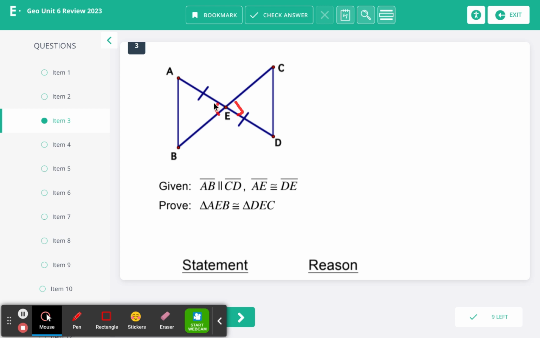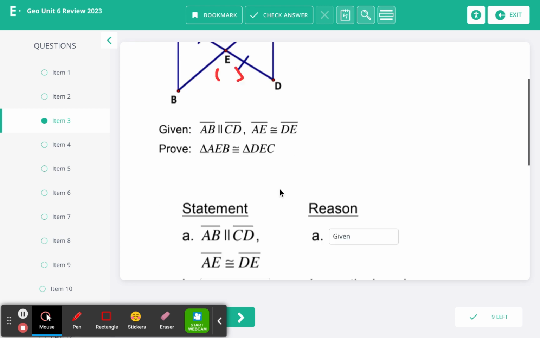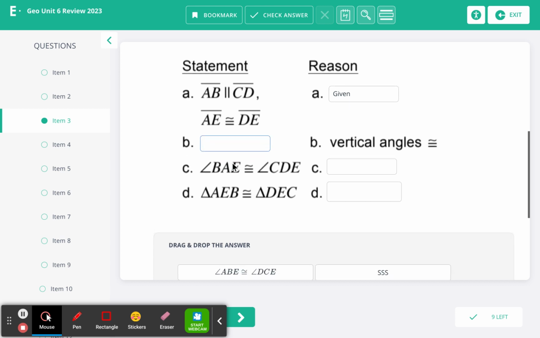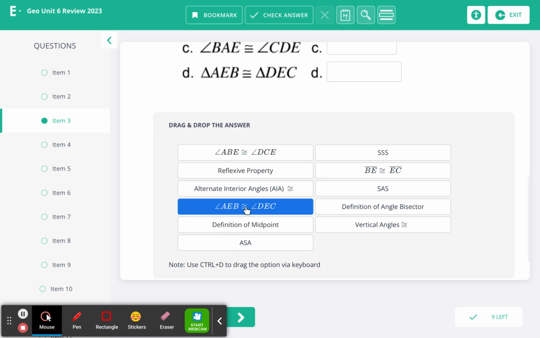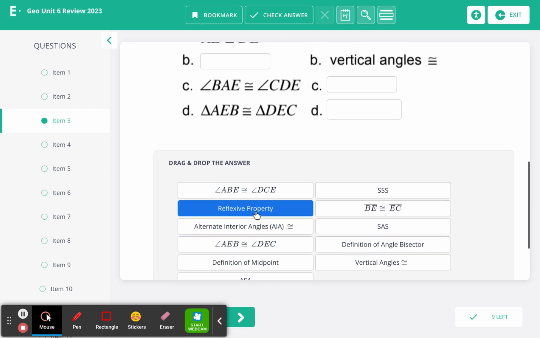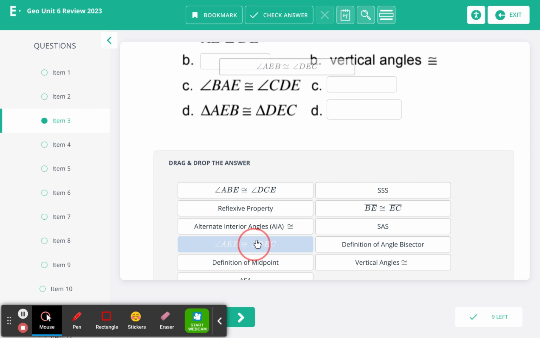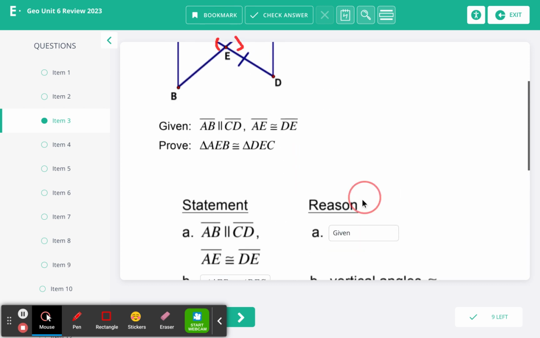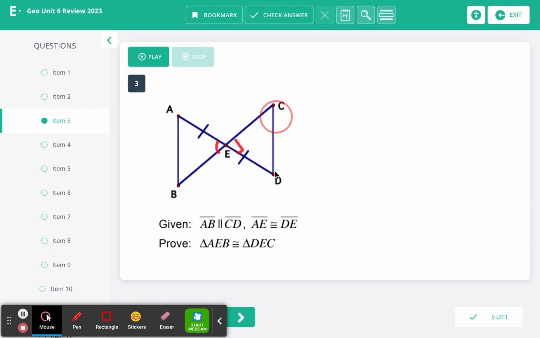Well, those vertical angles were AEB and DEC. There's our vertical angles. All right. Angle BAE and CDE. That is that pair that we had talked about being congruent because of alternate interior angles.